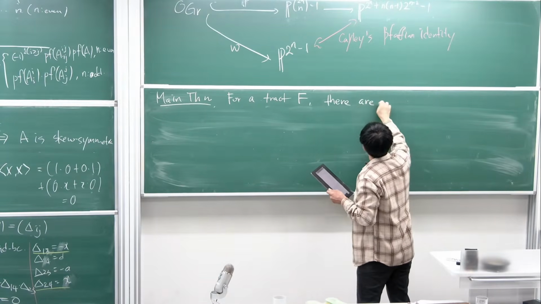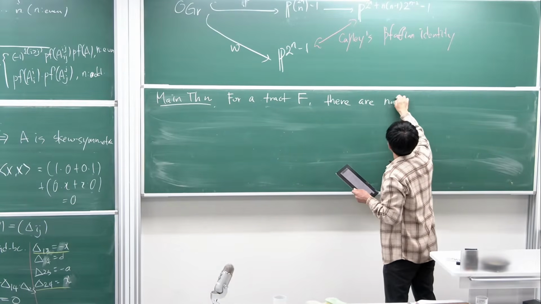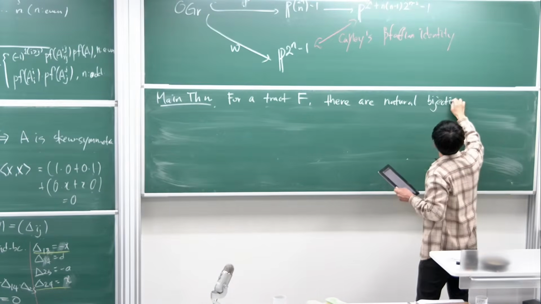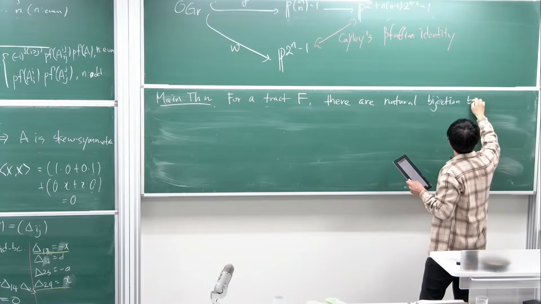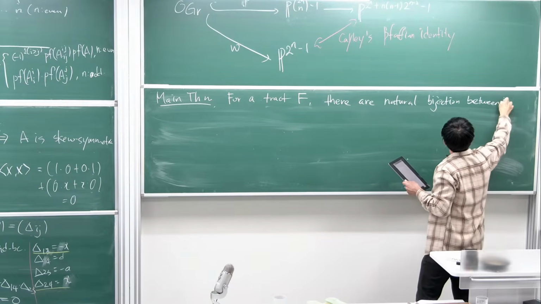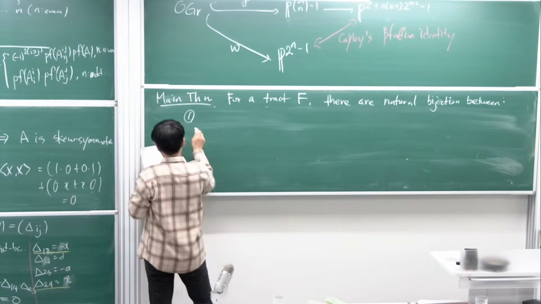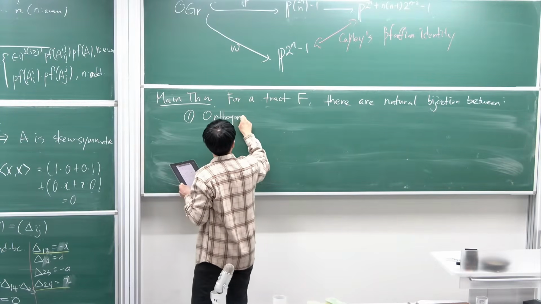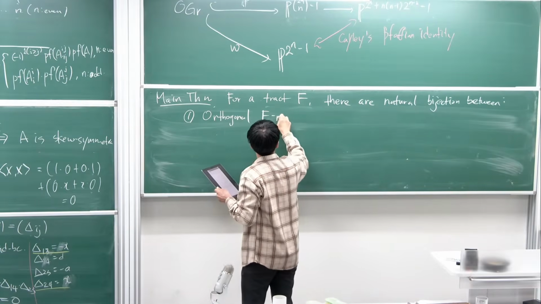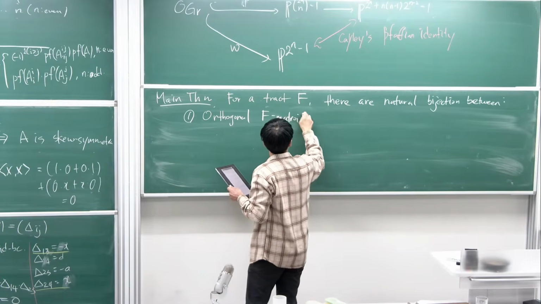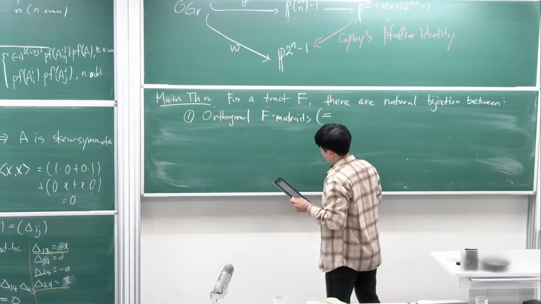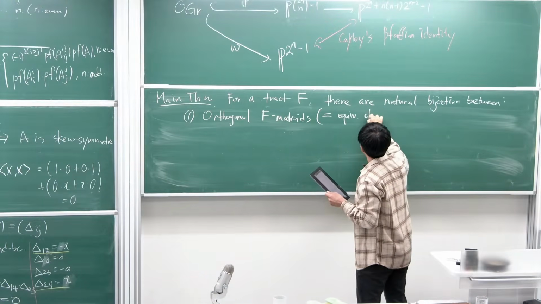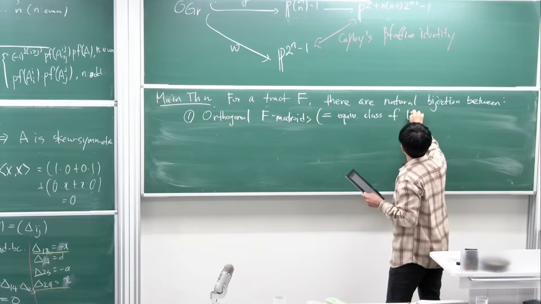There are natural bijections. The first one is orthogonal F, which is some kind of projective equivalence class, with function.